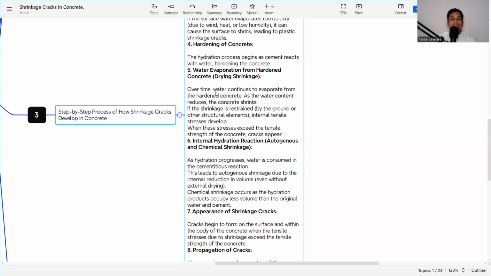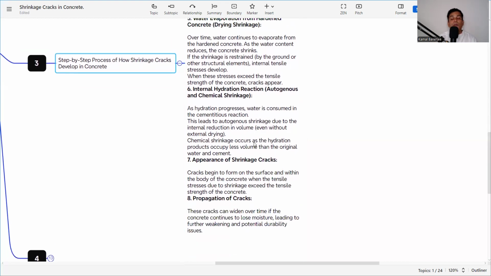That's called drying shrinkage. When these stresses exceed the tensile strength of the concrete, cracks appear. The main thing is that due to the volume change, tensile stress is created, and if this tensile stress is greater than the tensile strength of the concrete, the cracks will appear.